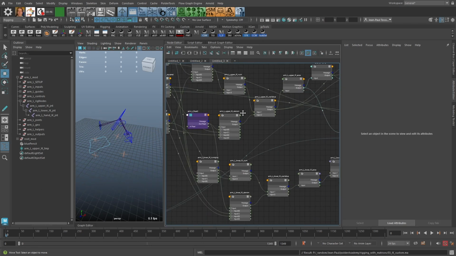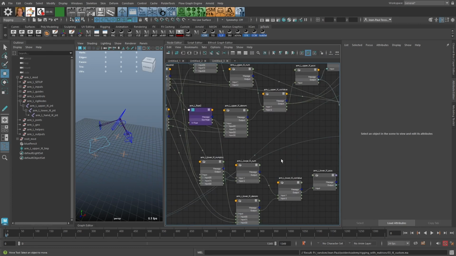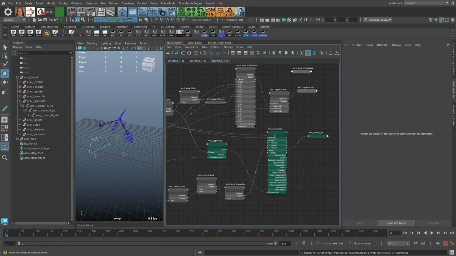Okay, so I've nicely renamed everything, so it's more logical.